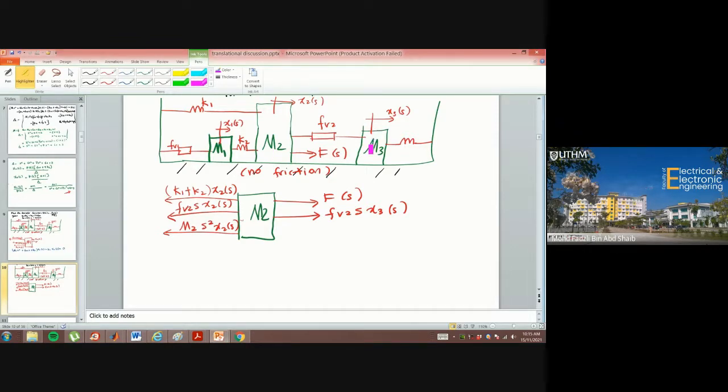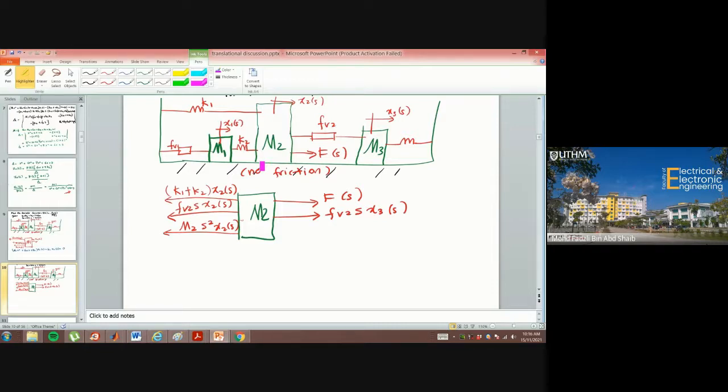Okay, now we need to consider a lot of stuff. If M2 and M3, we have Fv2 connecting, Fv2 S times X3S, right? But how about M2 and M1? M2 and M1, we have K2, right?